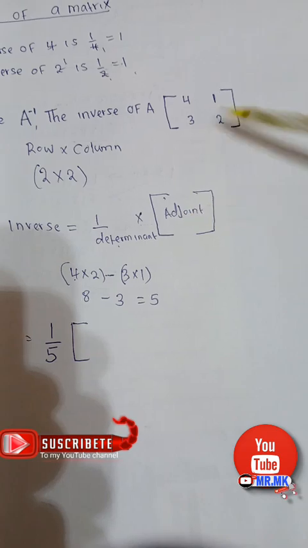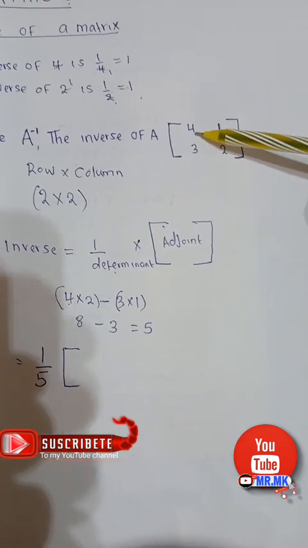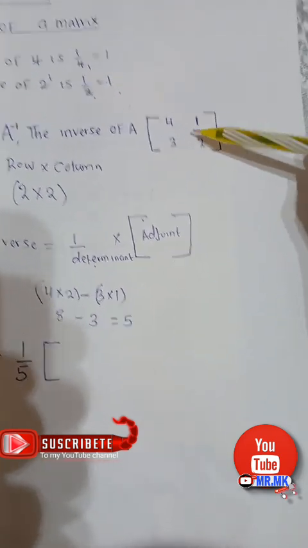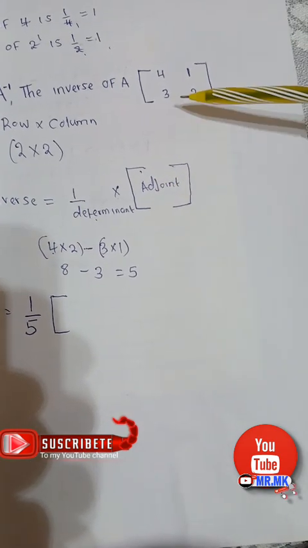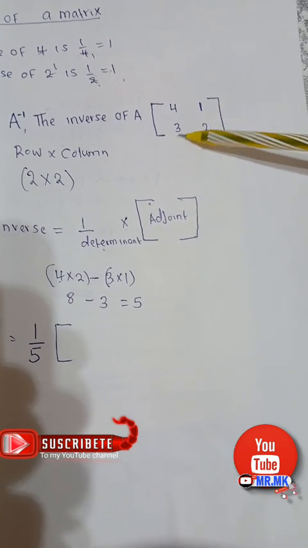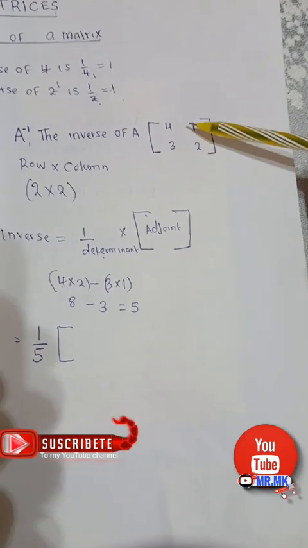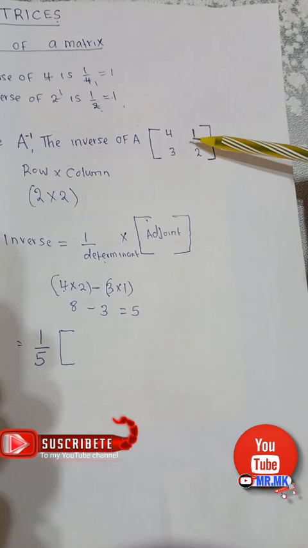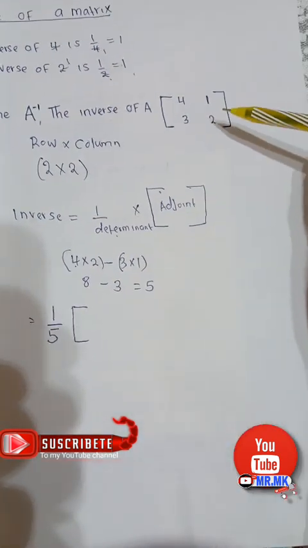The adjoint is whereby you switch the digits in the leading diagonal, but the trailing diagonal remains in place. However, if a digit is positive you change it to negative, and if it is negative you change it to positive.